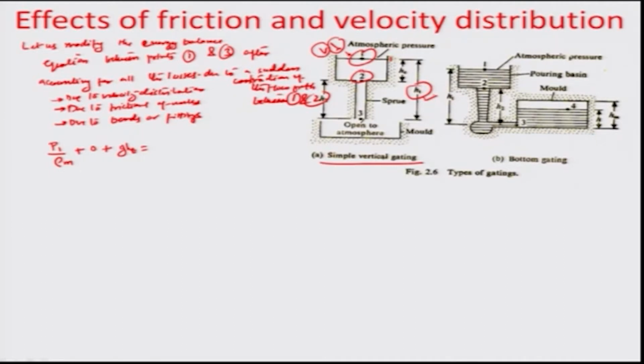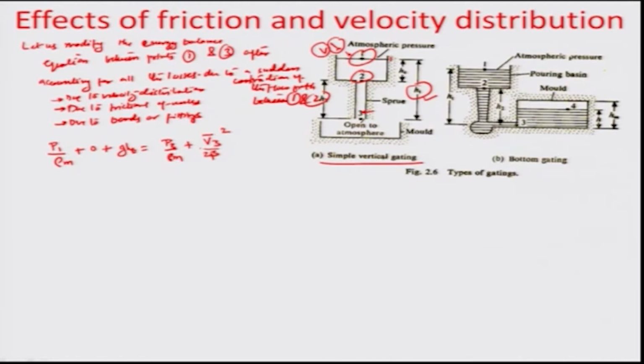Okay. So, that becomes equal to P3 by rho m, P3 being the pressure at the juncture 3 right here, plus the kinetic loss which happens because of the velocity distribution effect. So, we write this as square of the velocity by 2 beta, where beta again would have a different value when it is laminar and another different value when it is turbulent in nature.